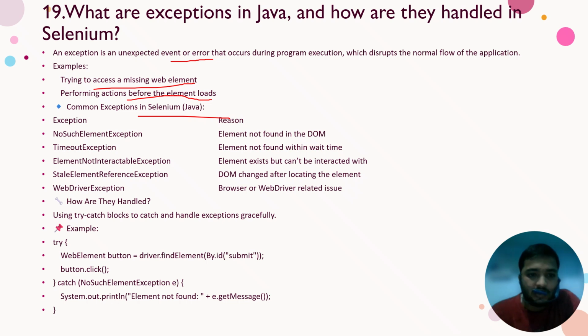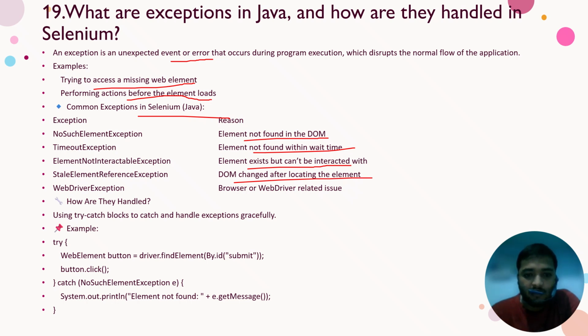NoSuchElementException: the element is not found in the DOM. TimeoutException: the element is not found within the wait time. ElementNotInteractableException: the element exists but can't be interacted with. StaleElementReferenceException: the DOM changed after locating the element.